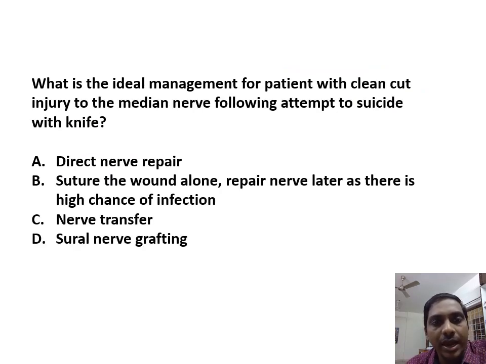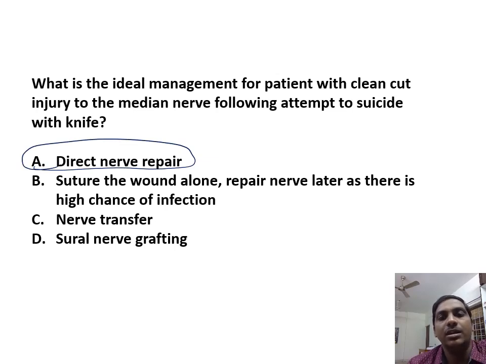What is the ideal management for a patient with clean cut injury to the median nerve following attempt to suicide with knife? Clean cut injury, that means cut injury has happened, that is an open injury. Clean, tidy, direct nerve repair is the option. If it's going to be a lacerated wound caused by a rusty knife or any gunshot wound wherein you cannot bring the two nerves together, in such cases you can repair the nerve later.